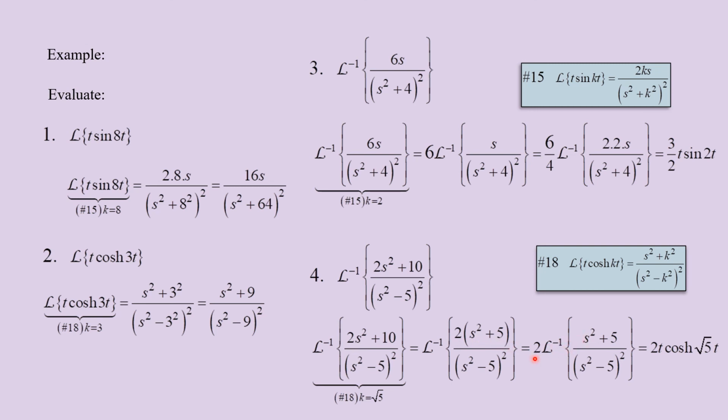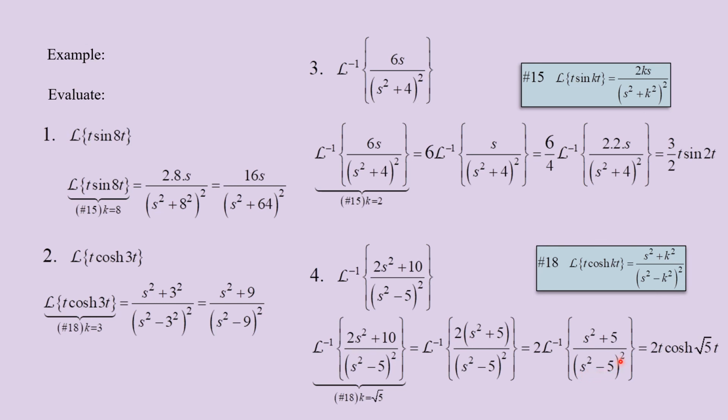So what we get is 2 times the inverse Laplace transform of s squared plus 5 divided by s squared minus 5 everything squared. Notice that this function is similar to the one given at row number 18: s squared plus k squared, s squared plus 5, where k squared is 5, divided by s squared minus k squared everything squared, s squared minus 5 everything squared.